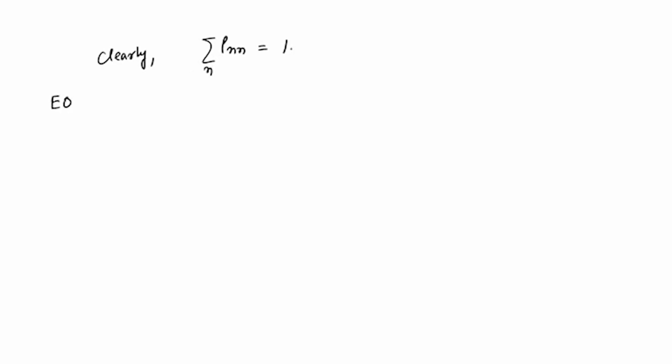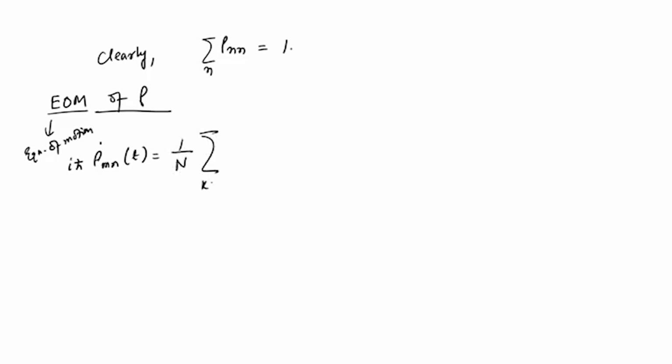And if you really want to see the equation of motion, we call it EOM. So, EOM stands for equation of motion. EOM of rho gives you i h cross rho mn dot of t, which is equal to 1 over N sum over k equal to 1 to N, and we have i h cross a mk dot of t and a nk star of t.